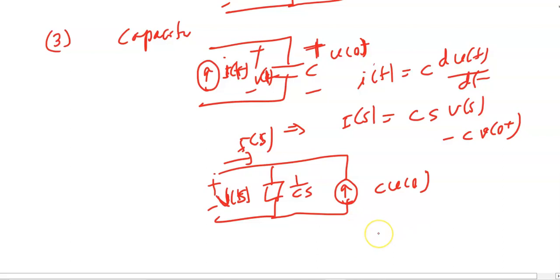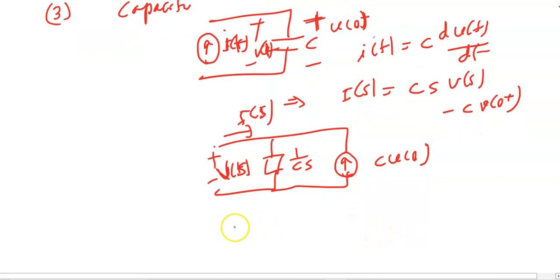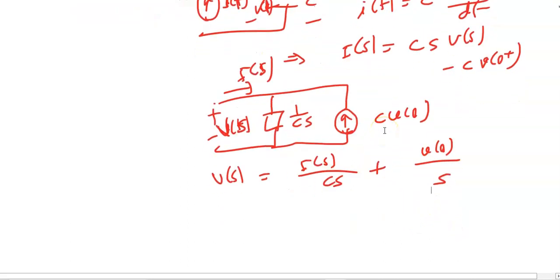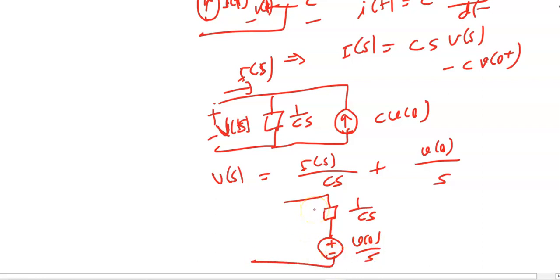Now we want a voltage transform. As usual, just equate: Vs is equal to Is upon Cs plus V0 upon S. That means whenever you have an initial voltage, you can see there will be an impedance of 1 upon Cs, then a voltage source opposite to the applied voltage source due to the initial voltage across the capacitor, which is V0 upon S. This is the voltage transform in the Laplace domain.